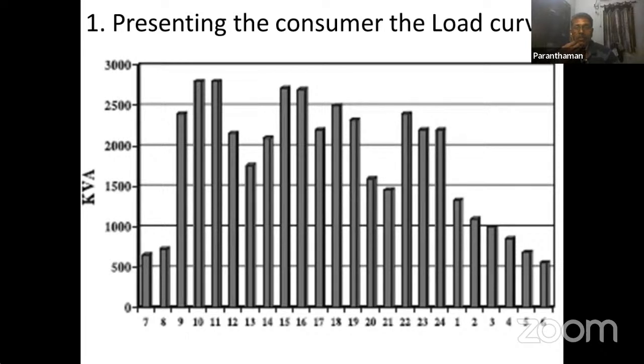Can we draw all those things on a sheet? It can be done through a smart meter. A smart meter with an additional gadget connected to it will give the consumer a load curve so that he can diversify the loads. This information should be available to him, otherwise he will not do all those things.